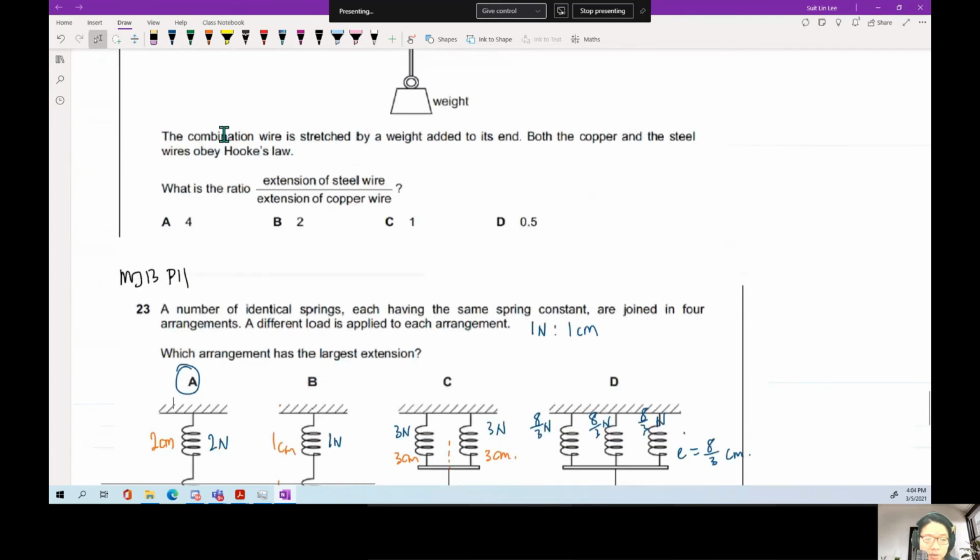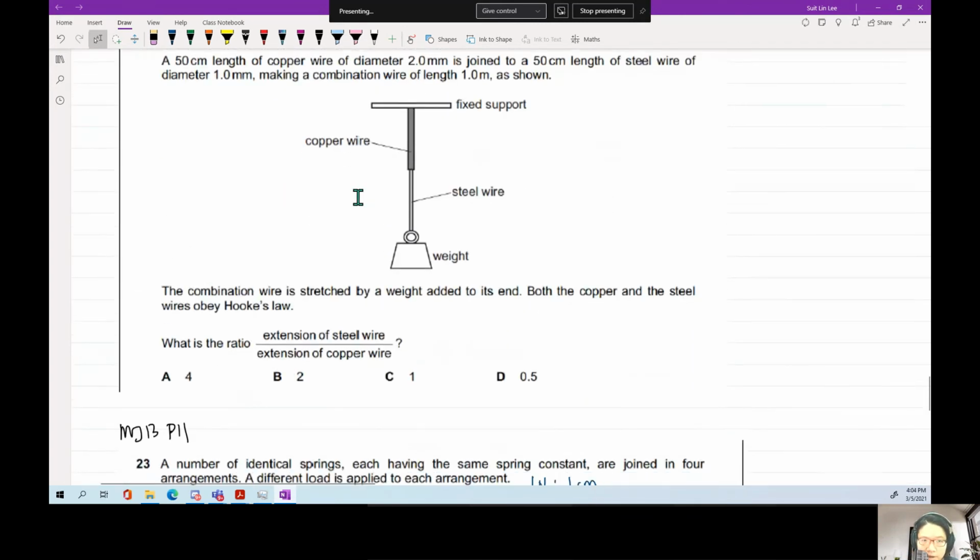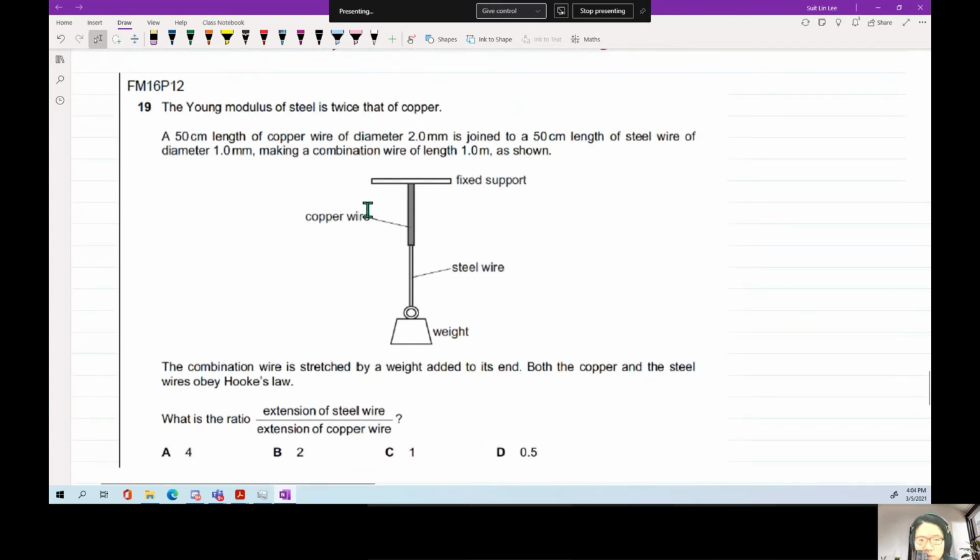All right. Now what happens when you have a composite bar? For example, now we have copper wire and then steel wire supporting a weight. Here it says that the Young modulus of steel is twice the Young modulus of copper, Cu for copper.